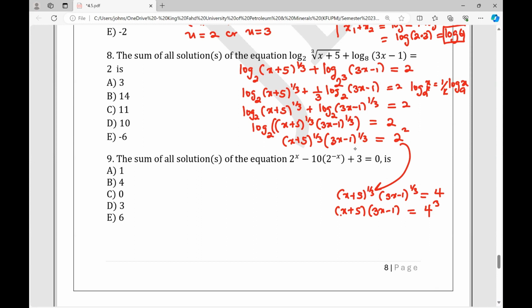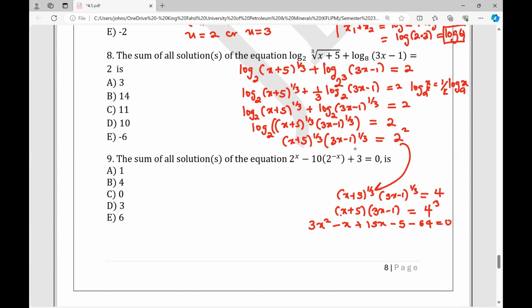So let's expand. This times this will give us 3x squared minus x plus 15x, right? Then minus 5. Then we can say minus 64 equals to 0 because 4 to the power 3 is 64. And this will lead us to a quadratic equation, right?